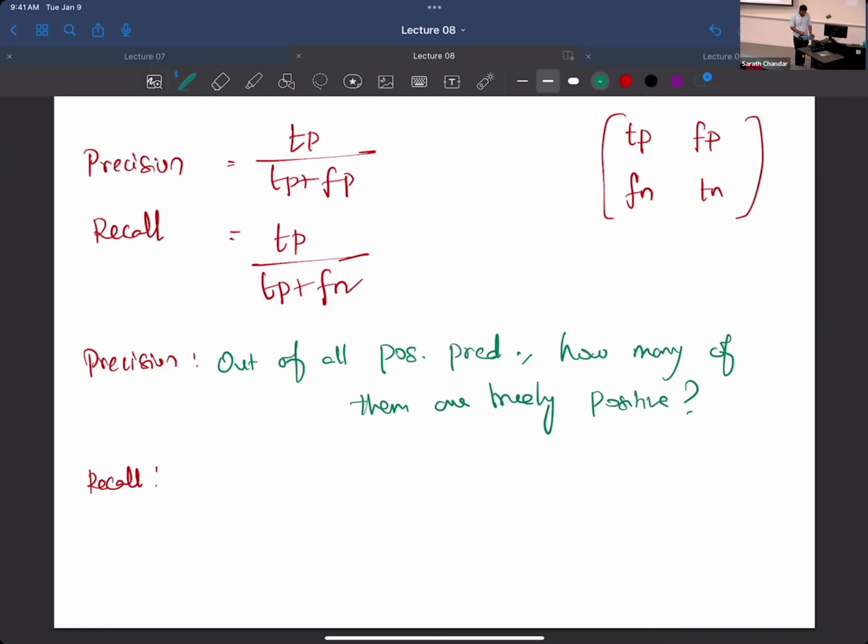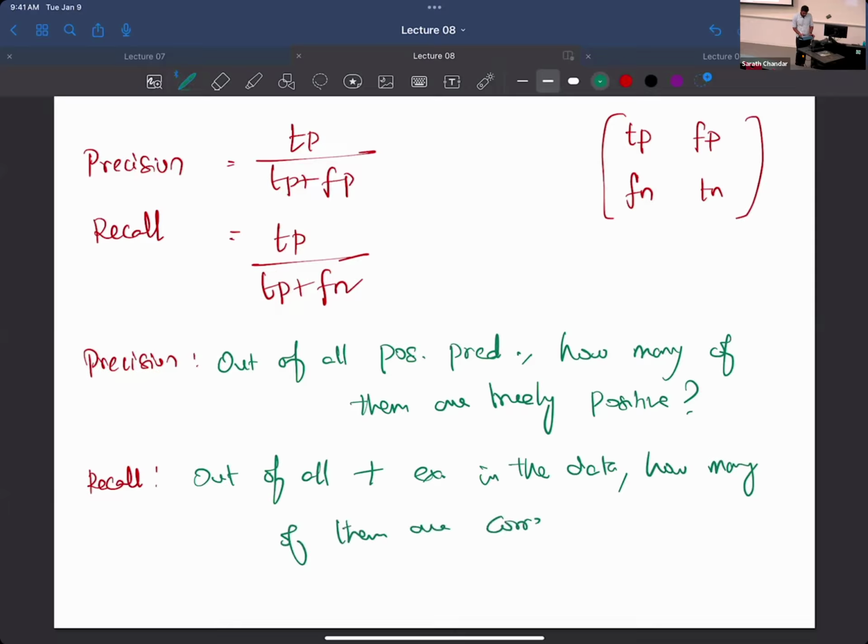So if I have to write it down, out of all positive examples in the data, how many of them are correctly classified by the model? Is that clear? Now let's try to understand when to use what.